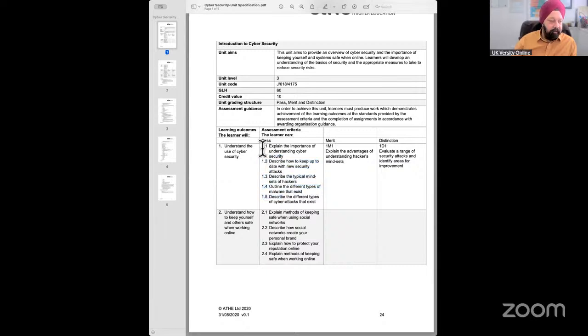So we'll be looking at discussing each of these assessment criteria individually, and they will be followed by discussions on the merit and distinction task. Now, merit and distinction is not always there in all the tasks, because in the unit, you'll have 2 or 3 opportunities to hit merit grade, and you'll have 1 or 2 opportunities to hit distinction grade.